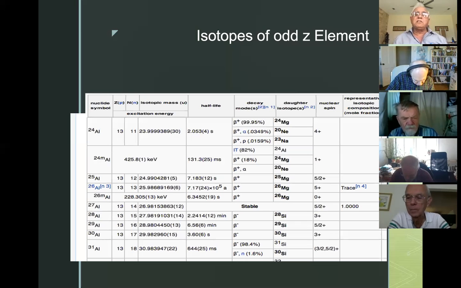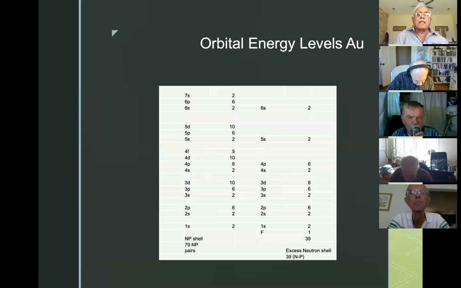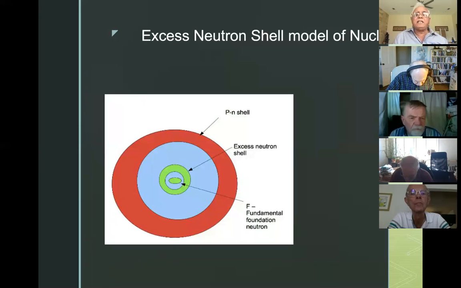In the case of gold, the gold is getting its stability from the excess neutron shell. And in the case of platinum or mercury, it's getting its stability from the NP shell, as I proposed. So those are the two things that I wanted to get across.